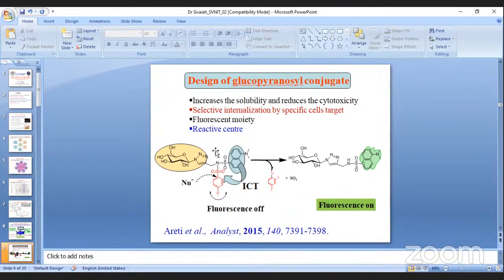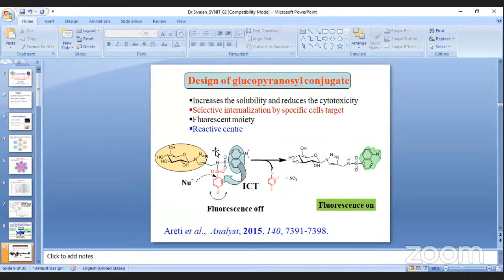I also have the fluorescent moiety, which is the dansyl moiety from dansyl chloride. It acts initially as an internal charge transfer, due to which there is a weak fluorescence.